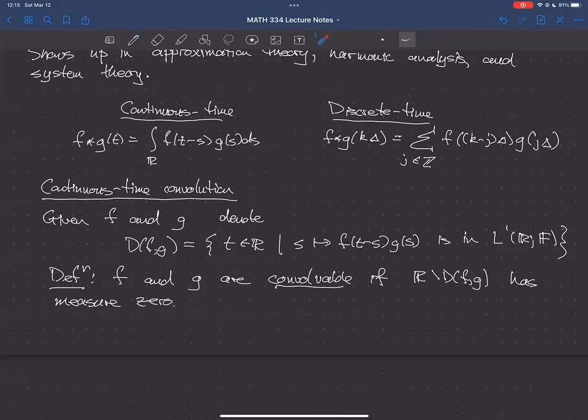And so the point is we can do this calculation for almost every t, right? And if we can do that calculation for almost every t, then we'll say that f and g are convolvable.